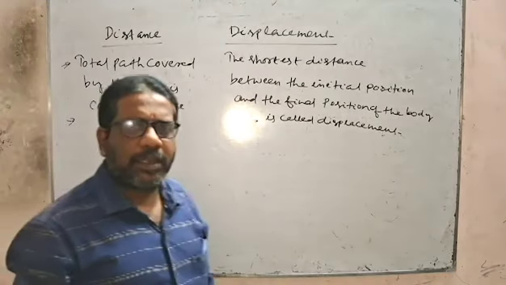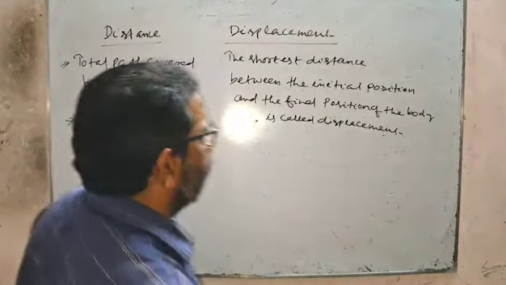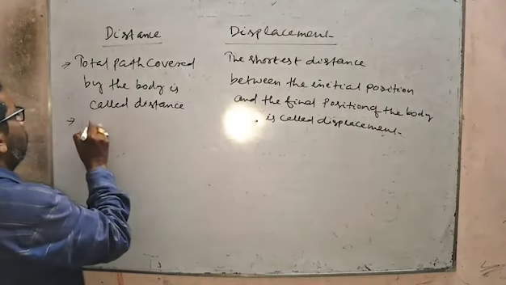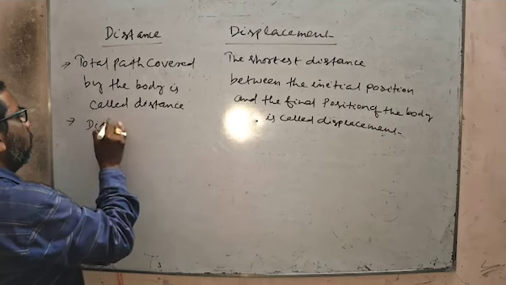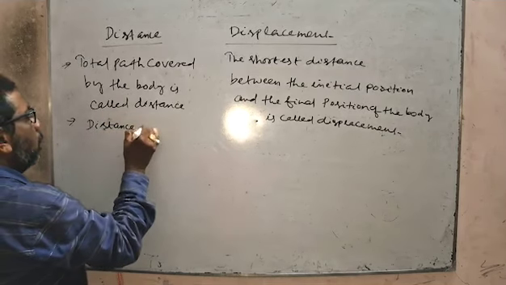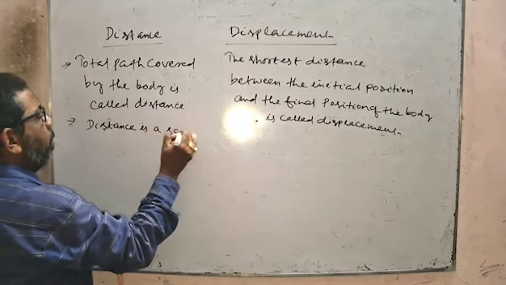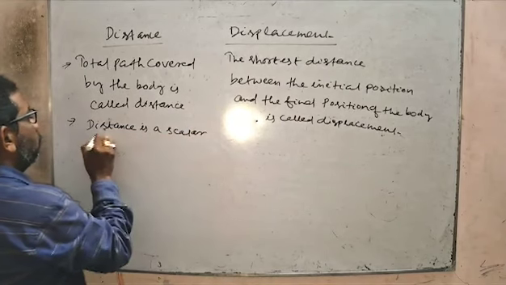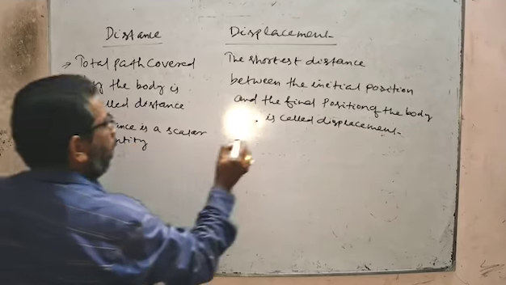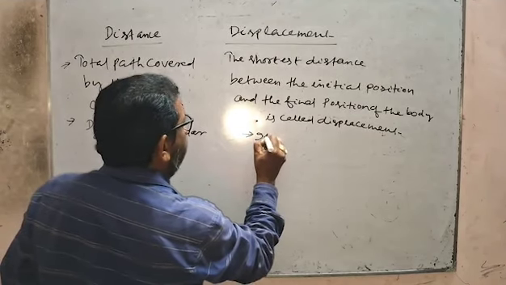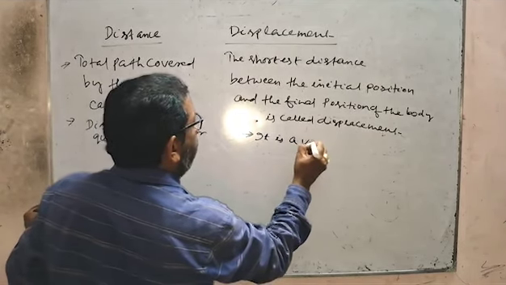Another difference: distance is a scalar quantity, and displacement is a vector quantity.